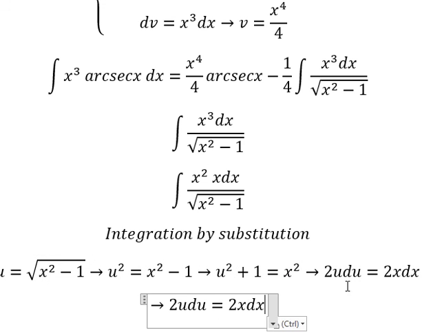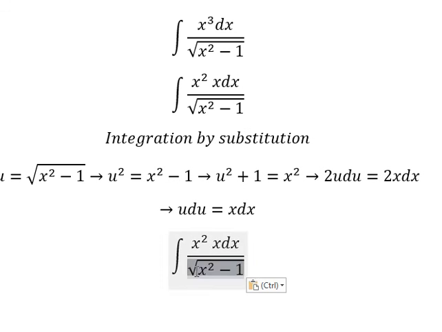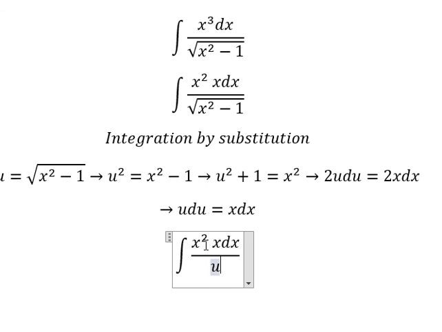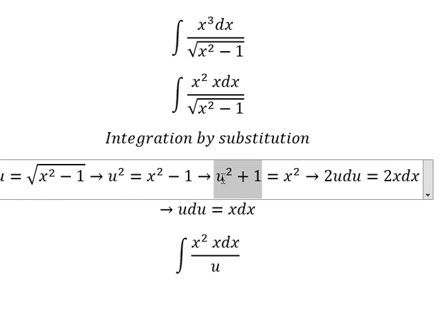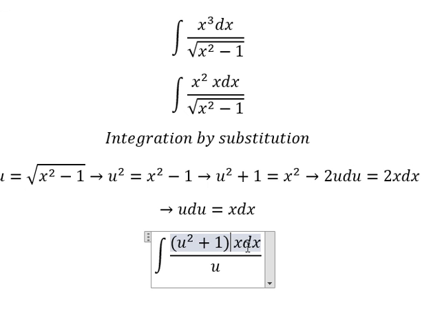Next, we divide both sides by 2. The square root we change by u. S squared we change by this one. S ds we change by u du.